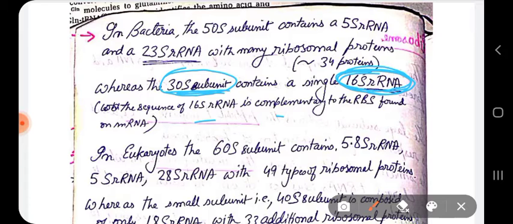The small ribosomal subunit, the 30S, contains 16S rRNA, an important component. The sequence in 16S rRNA is complementary to the ribosome binding site found within the mRNA. In this way, with the help of 16S rRNA, the small ribosomal subunit can bind to the mRNA at the ribosome binding site in the prokaryotic translation initiation process.